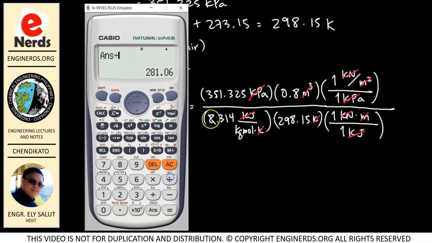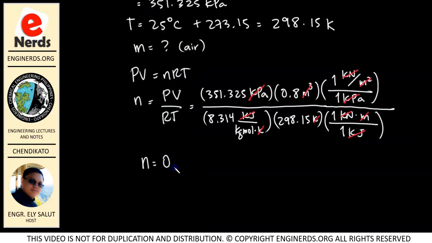Okay, then divided by 8.314. Then divided by 298.15. Okay, so we have 0.1134. So, 0.1134 kilogram mole of air.